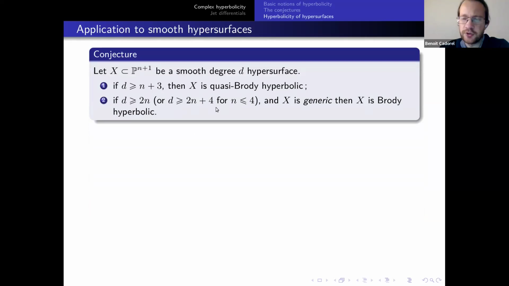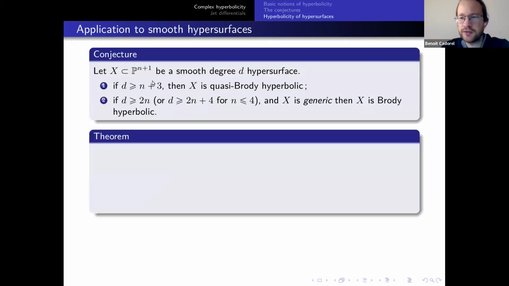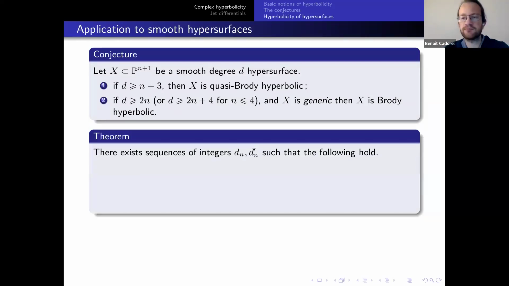Okay, and so we are very far from obtaining these results, especially with these two bounds, but in the last decade we have obtained very strong results still, assuming that the hypersurface is generic and also taking much larger degrees. So what was proved is that, I will present two different results in one.